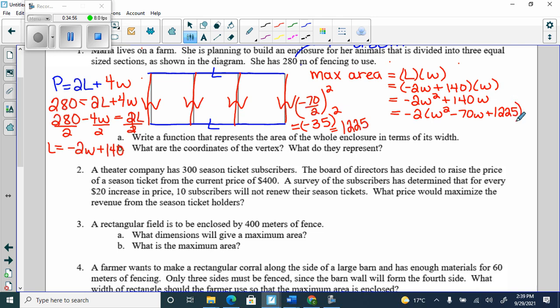And remember, I'm going negative 2 times that. So I'm subtracting 2,450, right? So if I'm subtracting 2,450, I actually need to add 2,450.